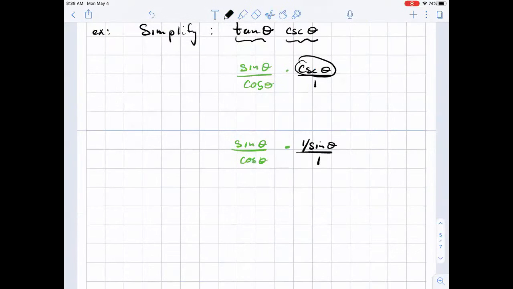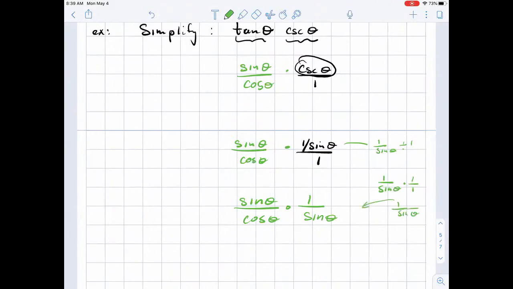If you simplify this now, we get sine of theta divided by cosine of theta times 1 over sine theta, because this portion means 1 over sine theta divided by 1, which becomes 1 over sine theta.